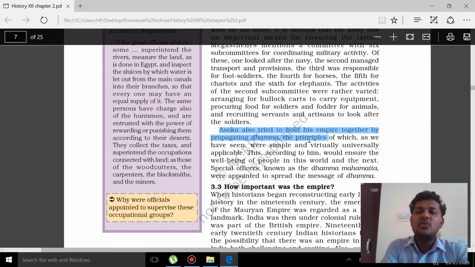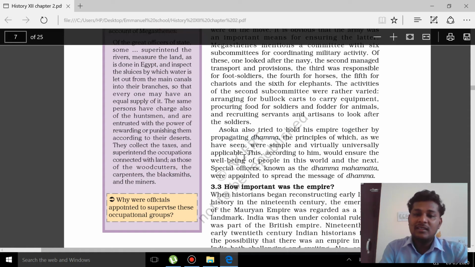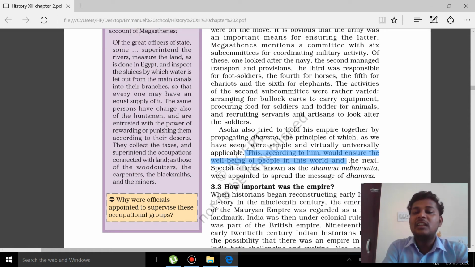Ashoka also tried to hold his empire together by propagating Dhamma. That is, administration may be आ सकता है because it is a part of administration. He is trying to keep his empire together by propagating, मतलब announcing, proclaiming Dhamma. That we saw what is Dhamma, the principles. It's very simple, universally applicable, and according to him it would ensure the well-being of the people in this world and the next.